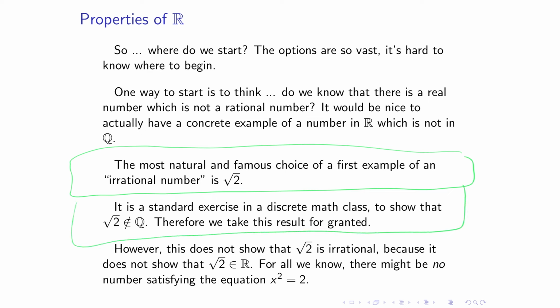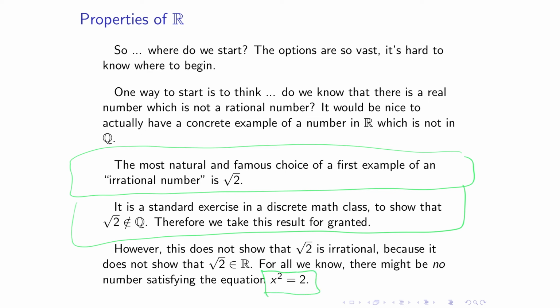Now, in discrete mathematics, it's very standard to demonstrate that square root 2 is not a rational number, but be careful, that does not immediately imply that root 2 is an irrational number, because for all we know, there may be no real number satisfying the properties of root 2. And by the way, when we talk about root 2, what we mean is some number satisfying this equation, x squared is equal to 2, right?